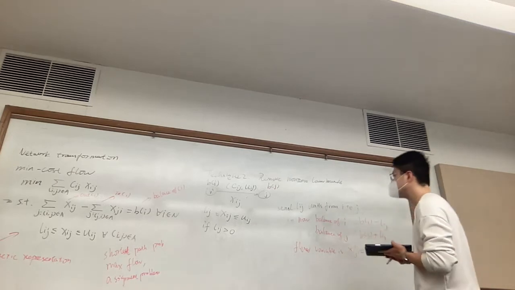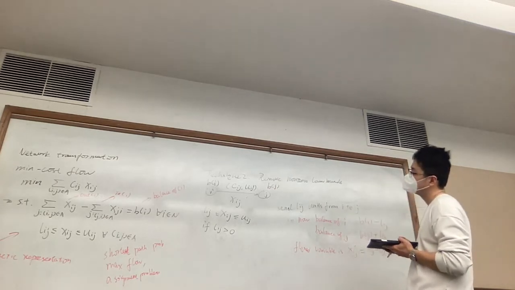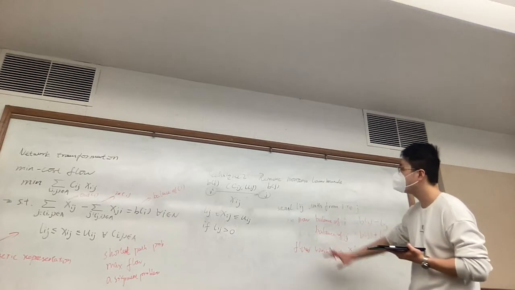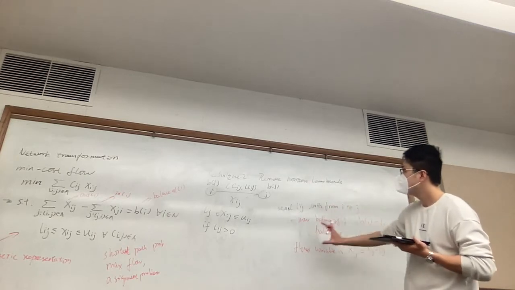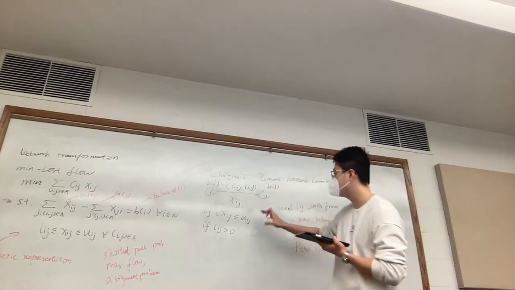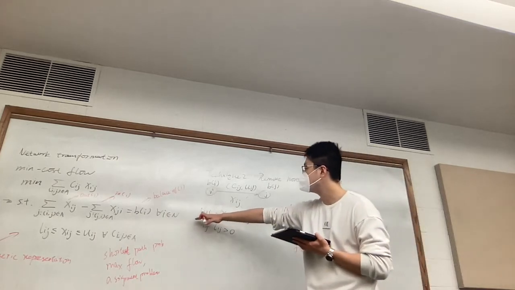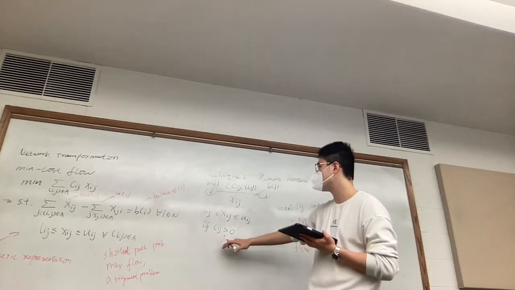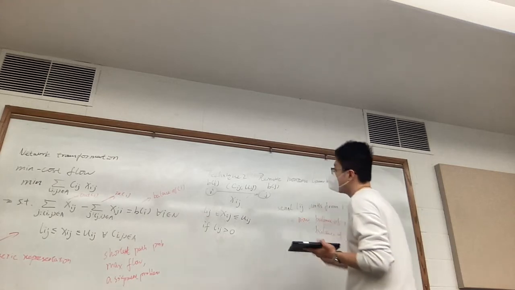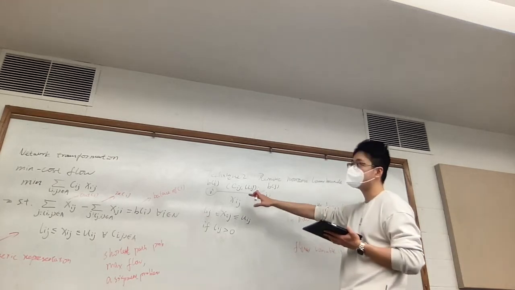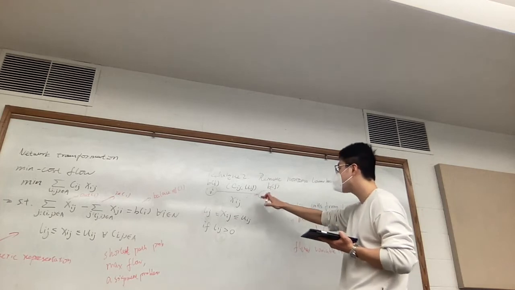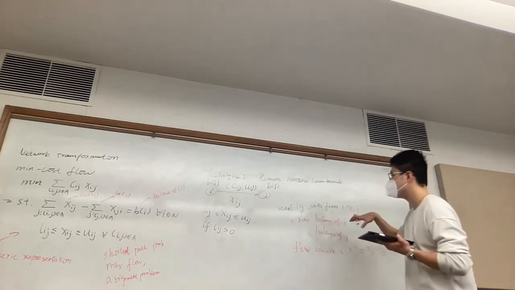And so that's to say, for a network, if for some arc we have the lower bound greater than 0, for every arc ij, we do this transformation.